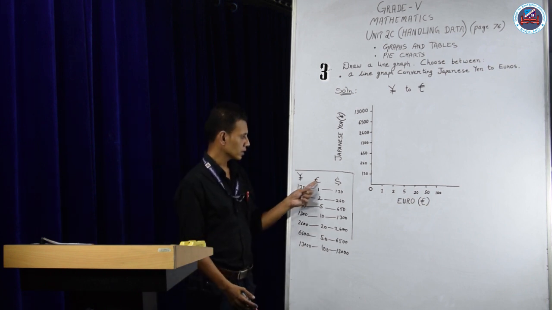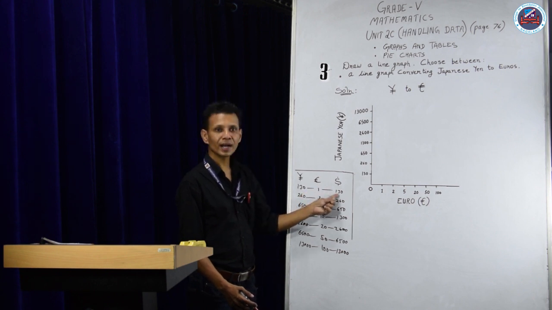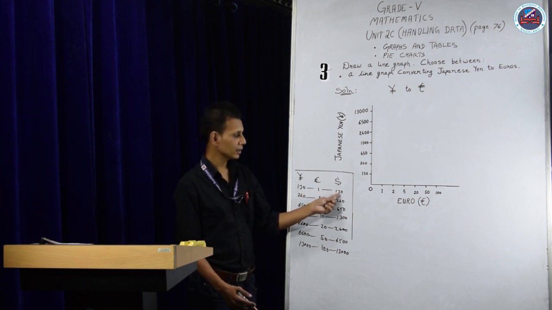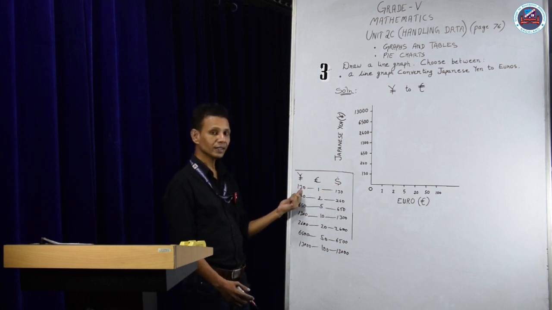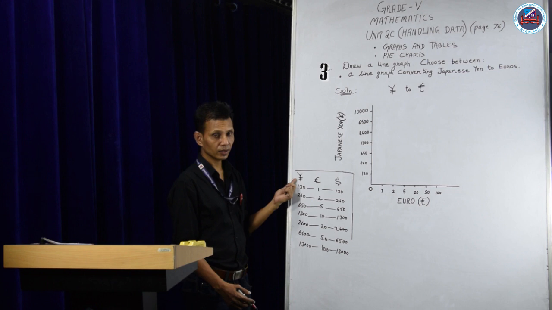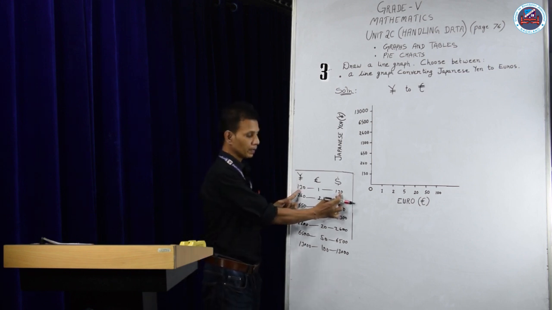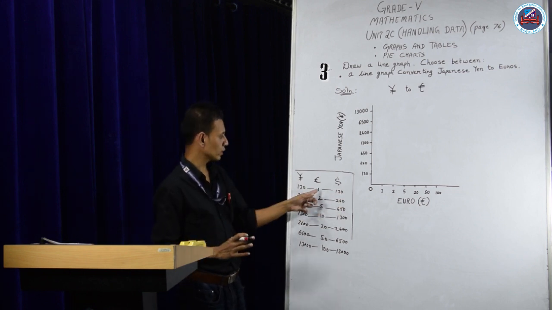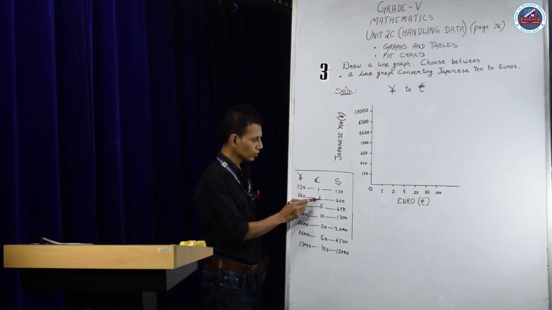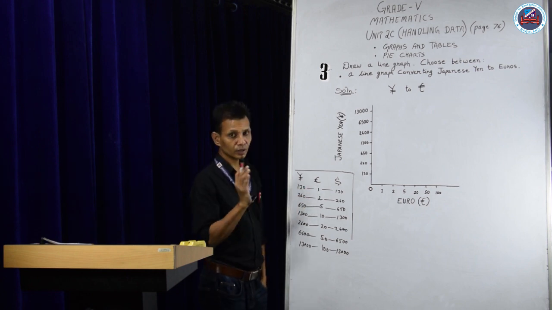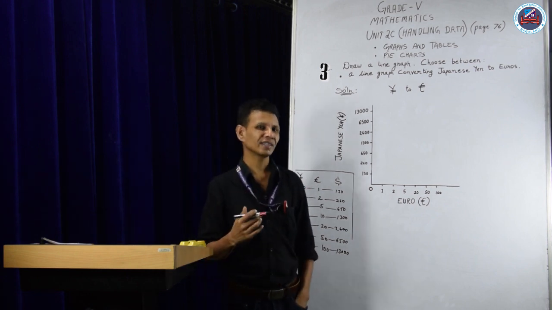It's very simple. See, 1 euro is equal to 130 Japanese yen. So 2 euro, how will you find it? When you know the 1 unit value, we call it the unitary method.